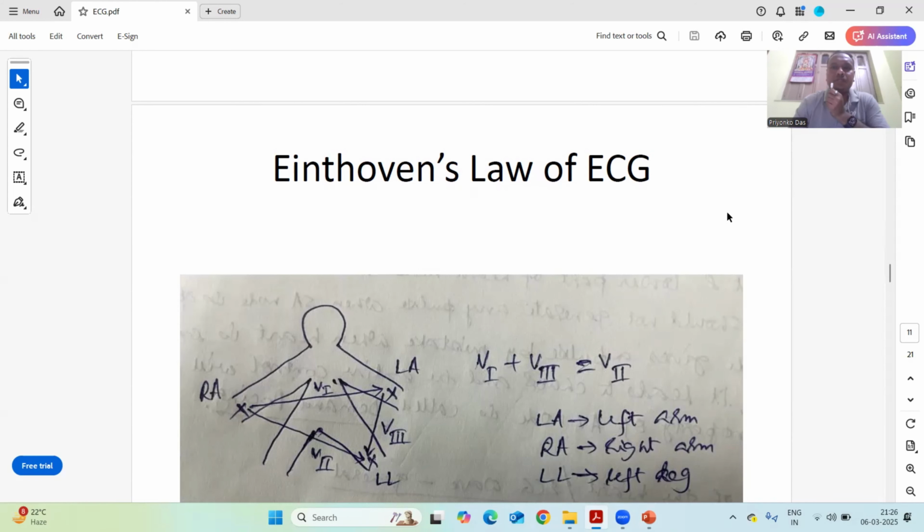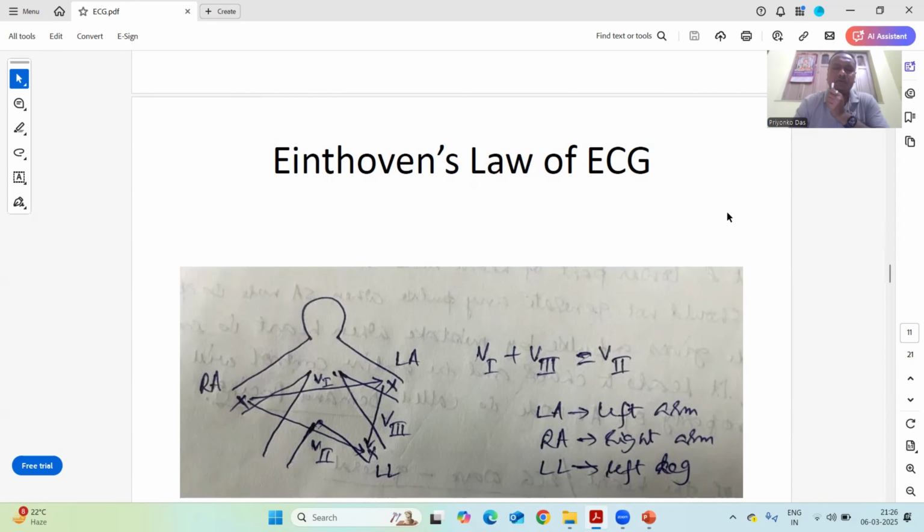On the very first day, while I was discussing what biomedical instrumentation is, I had shown one diagram where Dr. Einthoven was putting both his hands and left leg in buckets filled with saline water, and he was taking his ECG and transmitting it through some biotelemetry technique.